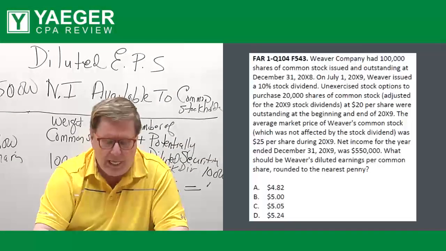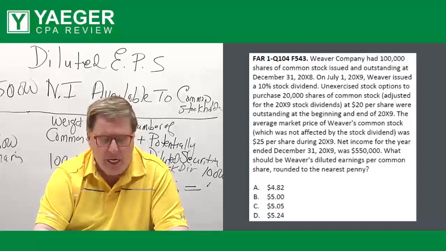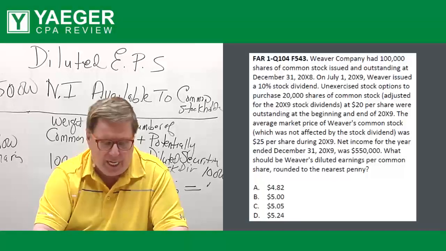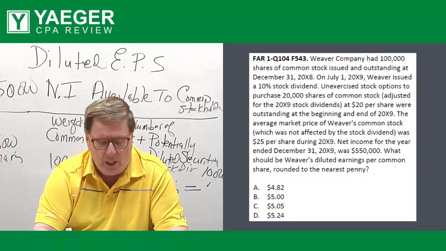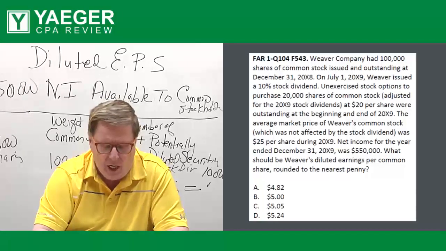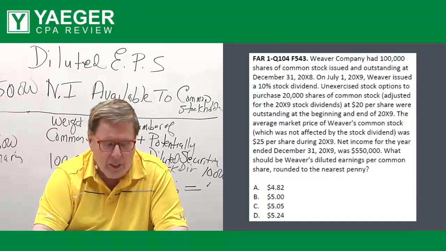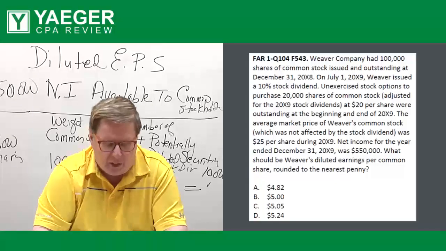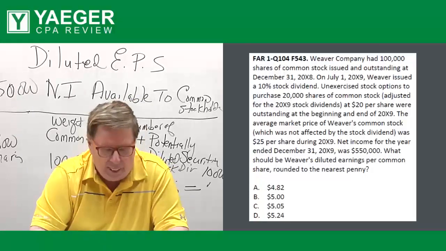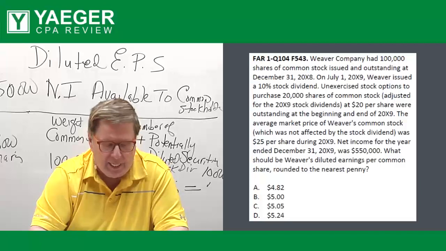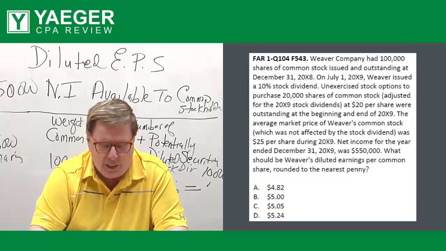Weaver Company has 100,000 shares of common stock issued and outstanding at December 31st, 20x8. On July 1st, 20x9, Weaver issued a 10% stock dividend. There's also unexercised stock options, which will be used to purchase 20,000 shares of common stock, adjusted for the 20x9 stock dividends at $20 per share.